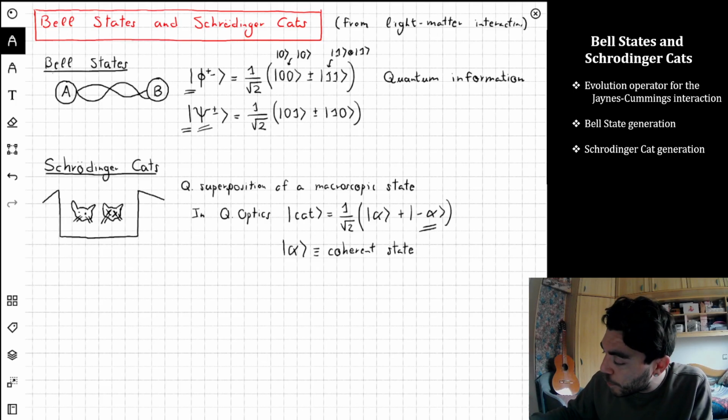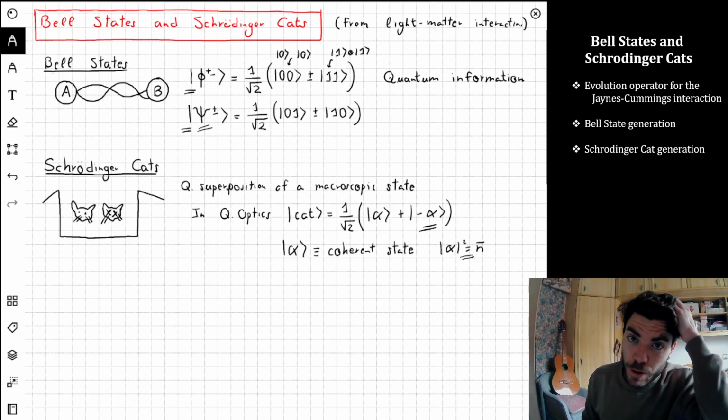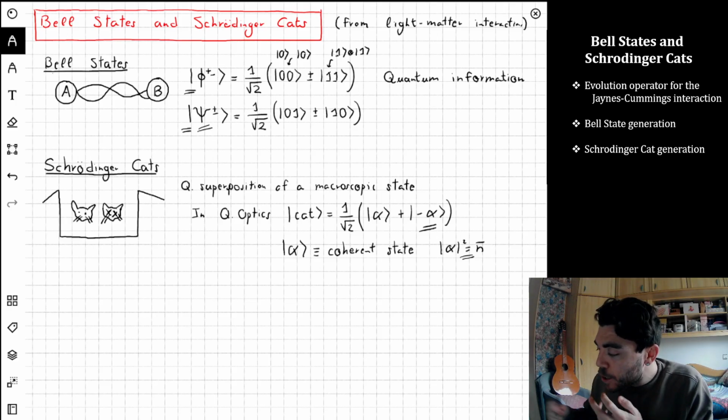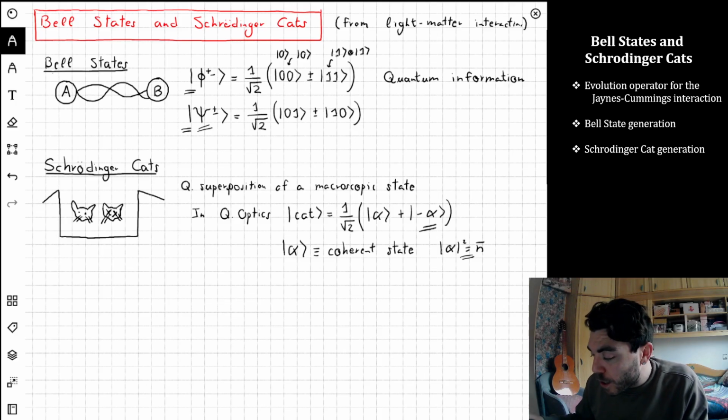In particular, if the number of photons, which is alpha squared, the mean number of photons in the state, is very large, then the state behaves as a single mode monochromatic classical plane wave, and so it's a macroscopic object. It's something that you can measure in nature, in classical physics. So a quantum superposition of these two states is a Schrodinger cat state. So let's jump into it.